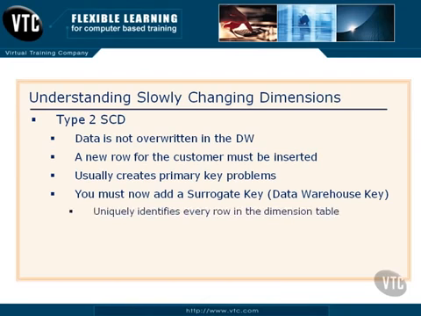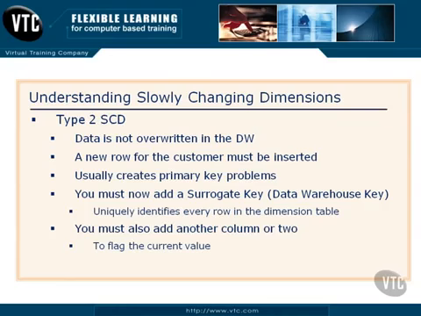And this way, I can use that surrogate key to uniquely identify every row in the dimension table. And even if some aspects of those rows match, the surrogate key still tells me this indeed should be in here. There's something different about these two rows. And I'm probably going to add another column or two. You'll have to do this as well, because I'm going to need some way to flag, okay, this one customer has 2 rows in my dimension table now.